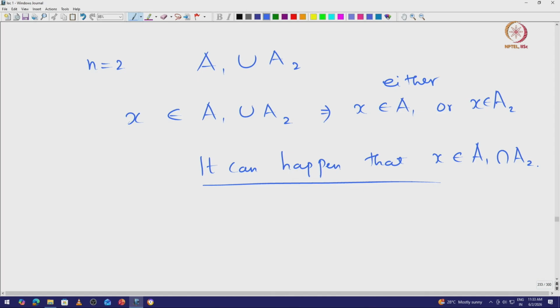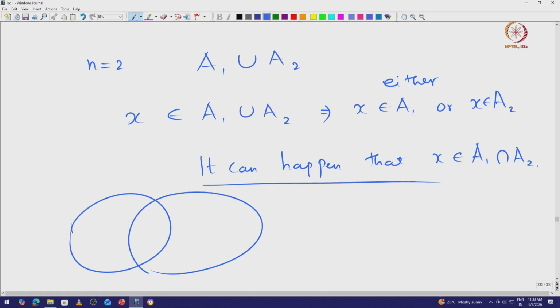So pictorially speaking, we have this A1 and then we have this A2. So let us say this is A1 and then this is A2, then we have this A1 intersection A2. So now if you look at the union A1 union A2, this can be written as A1 difference A1 intersection A2. So this is the part that is here.